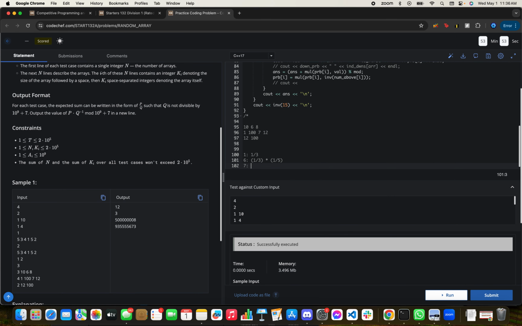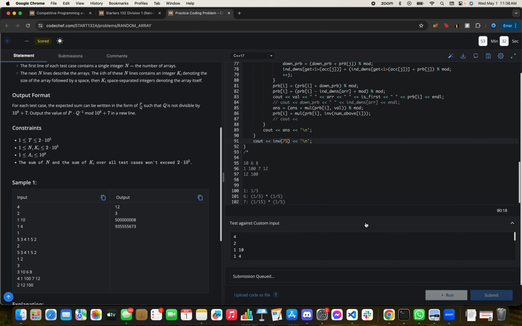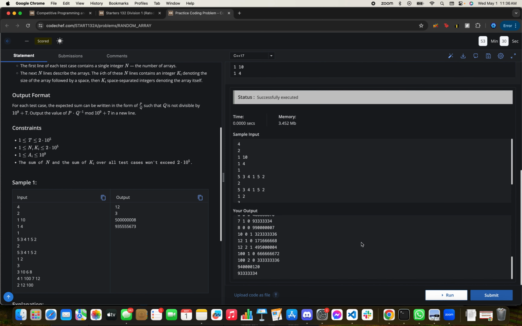So let's try next 7. For this one, it's just 0, right? Because you have to start with. I guess it's 1/15 times however many things it can reach. So 1, 2, 3, 4, 5. That seems correct.